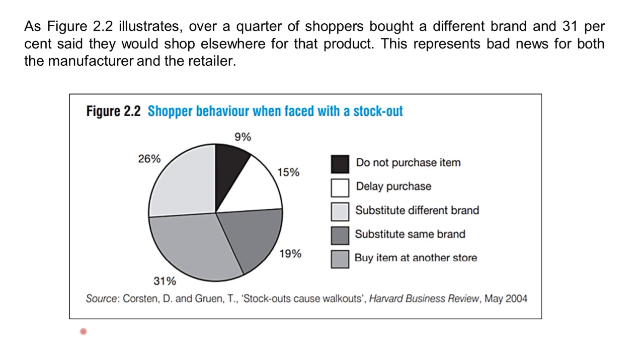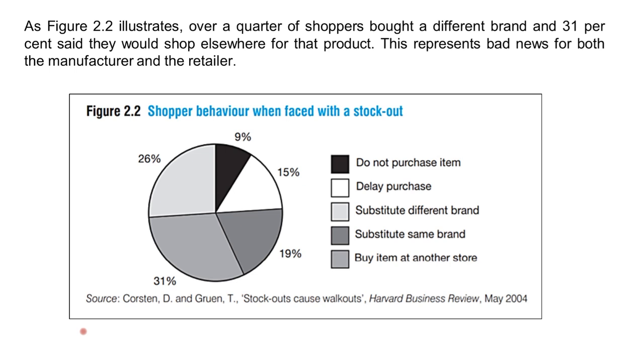So, hindi na sila bumibili. Pag nalaman nila na out of stock, hindi na sila bibili. Now, for the next one is the delay purchase. So, delay purchase, ibig sabihin dahil walang stock, most likely babalik na lang sila. Titignan nila kung kailan magkakaroon ng stock, tsaka na lang sila bibili.